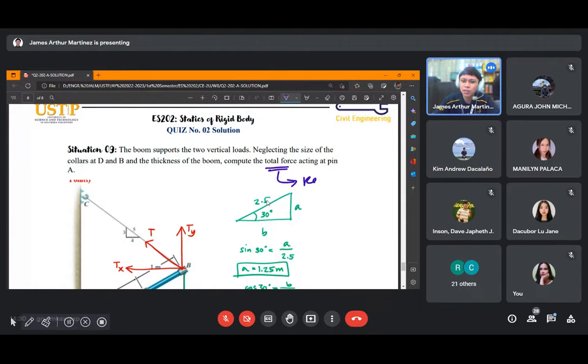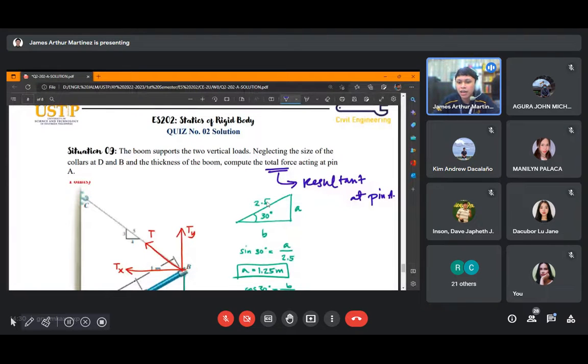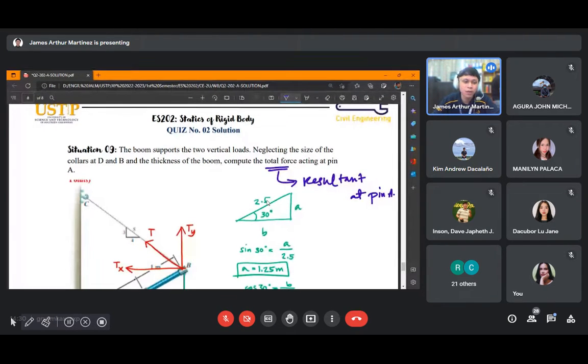Total force, class, refers to the resultant force at pin A. I'd like to rephrase this term to resultant reaction. Okay, resultant reaction at pin A rather.